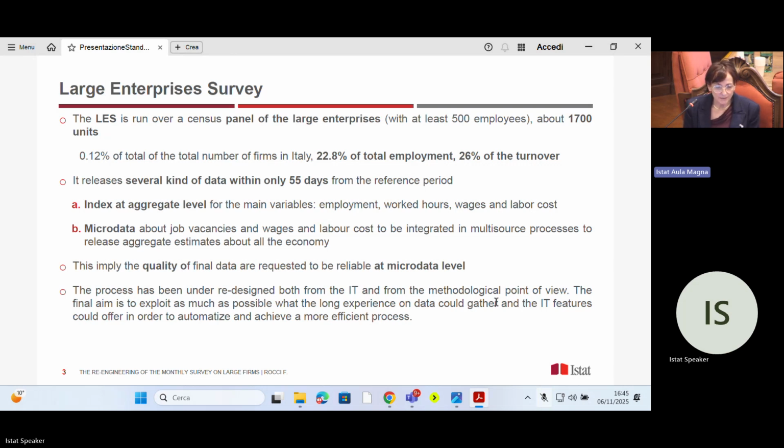This implies that the quality of the final data is required to be reliable at microdata level. The process has been redesigned, both from the IT and the methodological point of view, and we go through what we did.